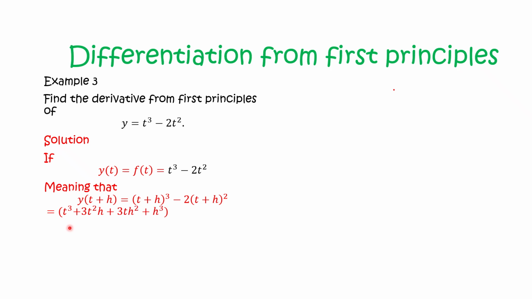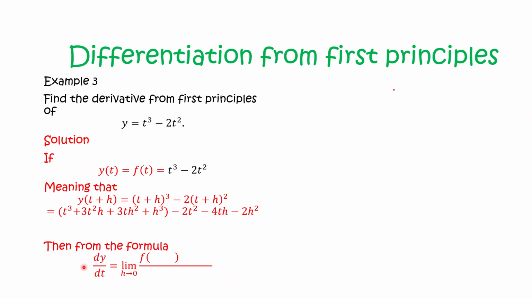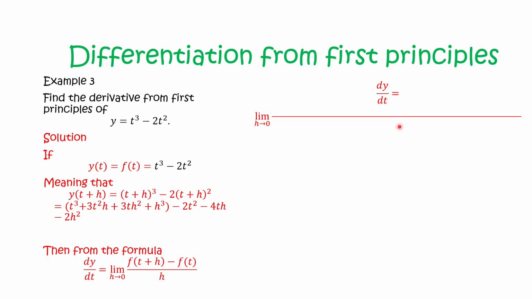We can expand the brackets so that we have those terms. Then from the formula dy dt, and substituting for the f of t plus h with the f of t as well, we are going to have dy dt given by this huge function that we have, especially in the numerator, all over h.